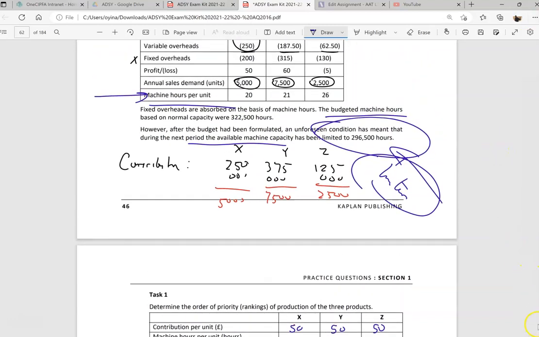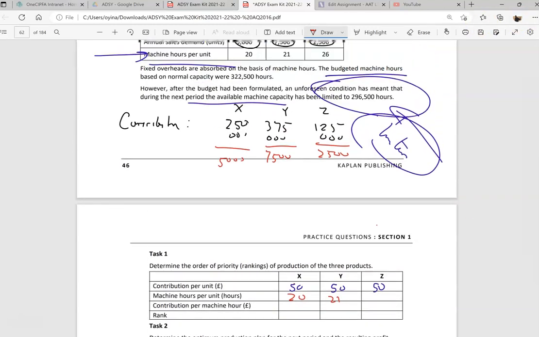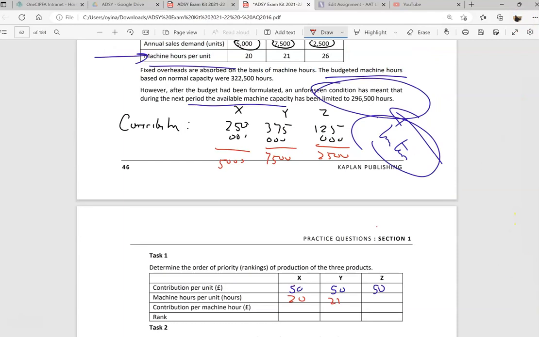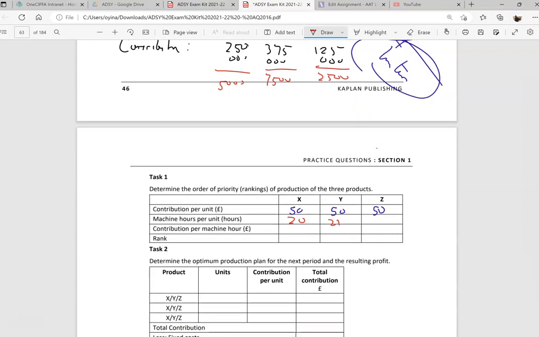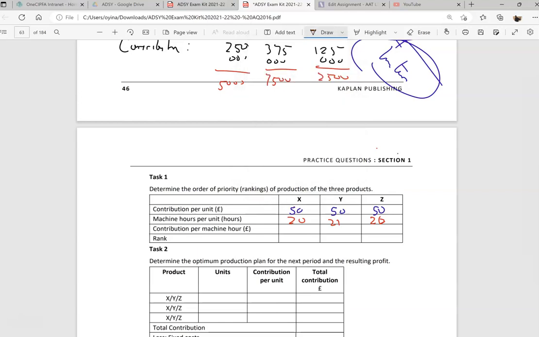20, 21, and 26. Therefore, the contribution per machine hour is 50 divided by 20, which is 2.5.